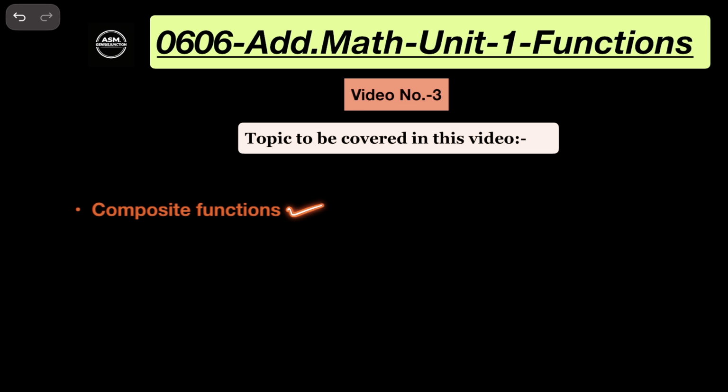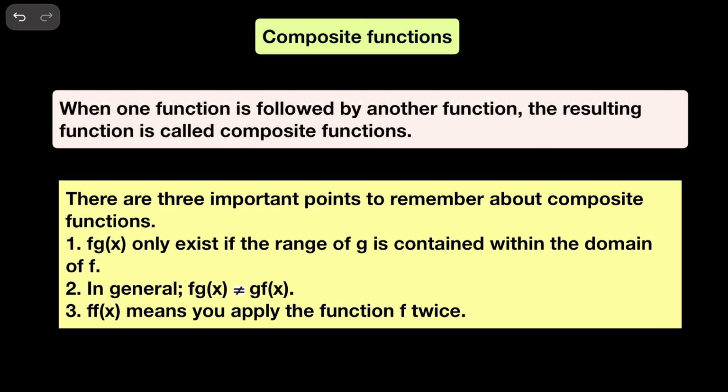What are composite functions and how to solve questions based on them? Composite functions: when one function is followed by another function, the resulting function is called a composite function, right? There are three important points to remember about composite functions. The first point says that f of g of x only exists if the range of g is contained within the domain of f.